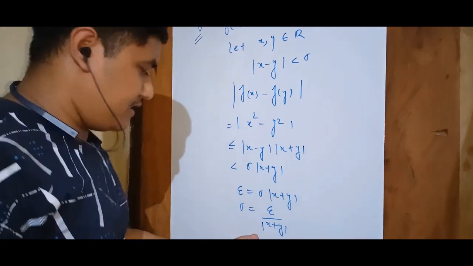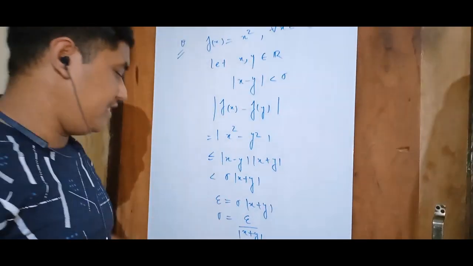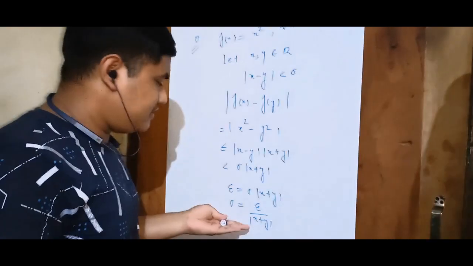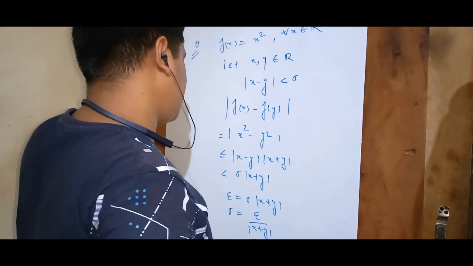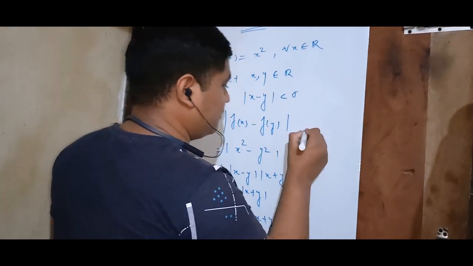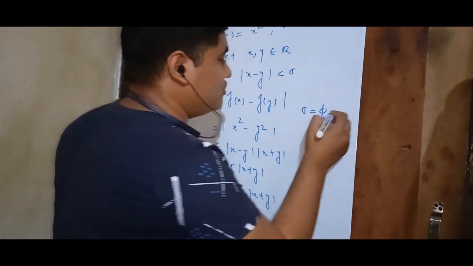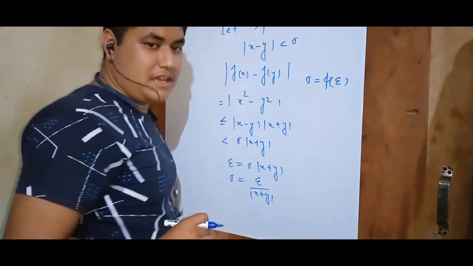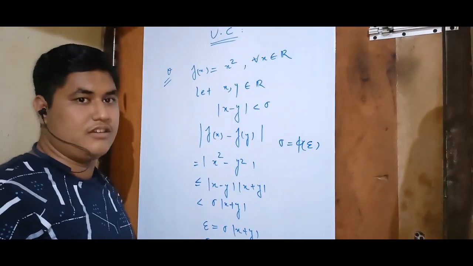So if I take any 2 points from this domain R, it will give an unbounded solution. So this is not uniformly continuous. A very important point: our function is uniformly continuous when we can write delta in terms of epsilon only, not dependent on the points.